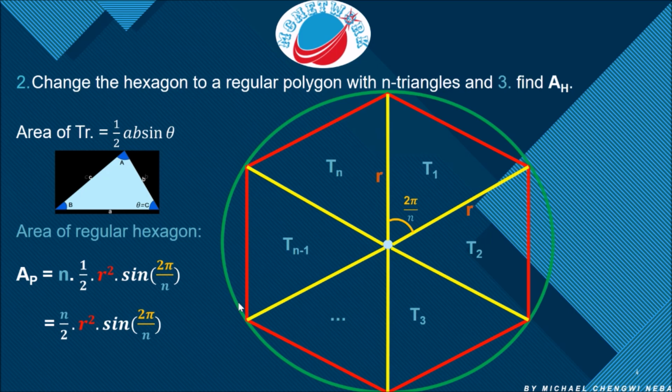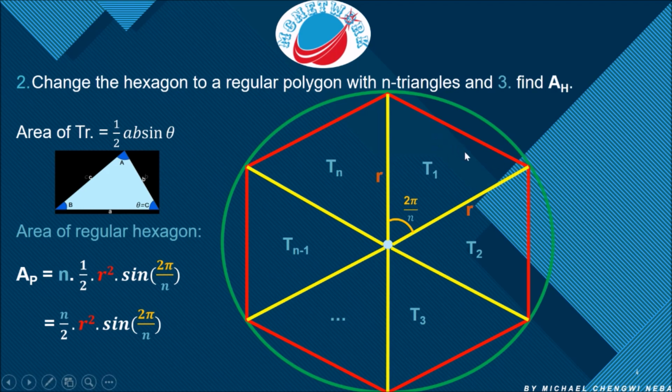Again, we have not actually gotten the area of the circle because we still have some areas that are left out. For us to get the area of the regular polygon to be exactly equal to, or approaching, the area of a circle, we need to divide the regular polygon into an infinite number of triangles.